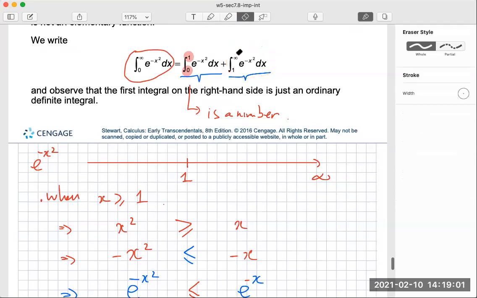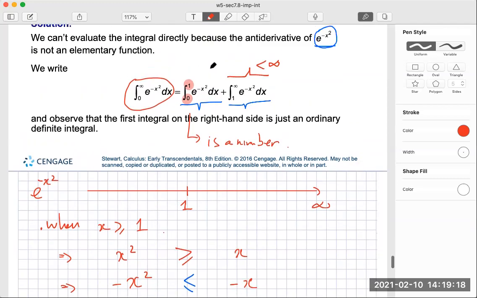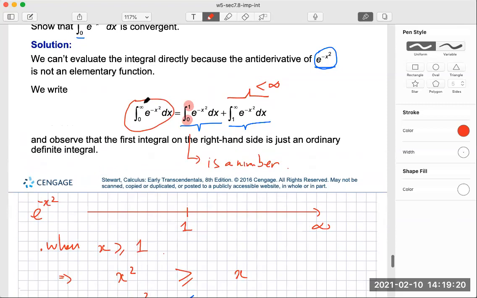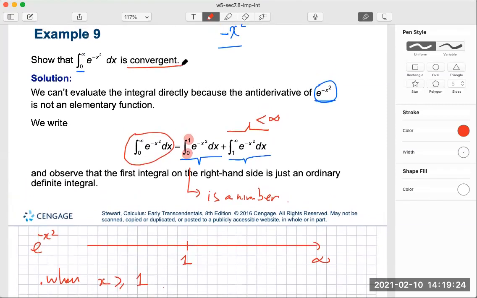So it means that this guy will converge to a number, and we don't compute it here, but we know that it is a number. This guy, the first term, is also a number. Therefore, the integral from 0 to infinity of this guy will be convergent, right?